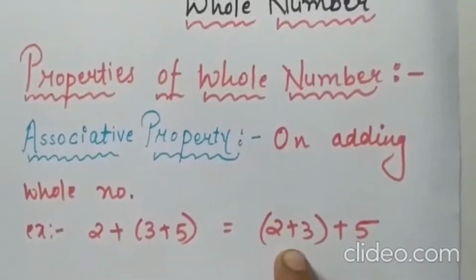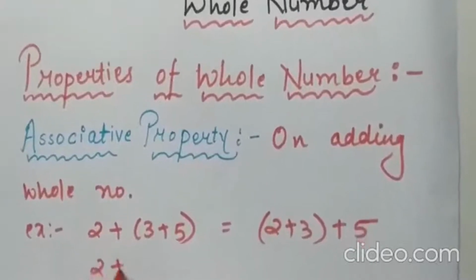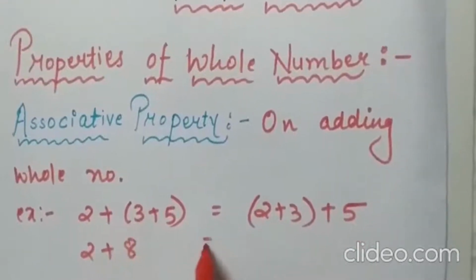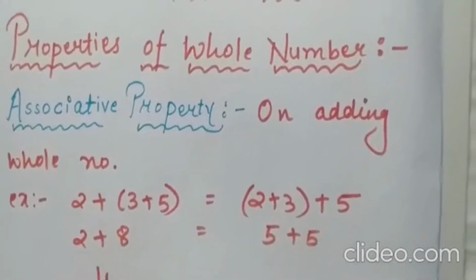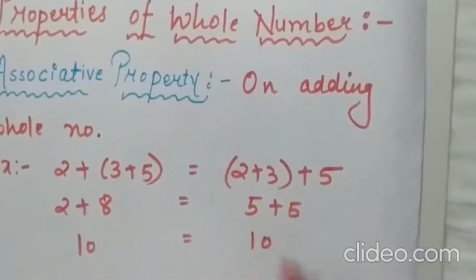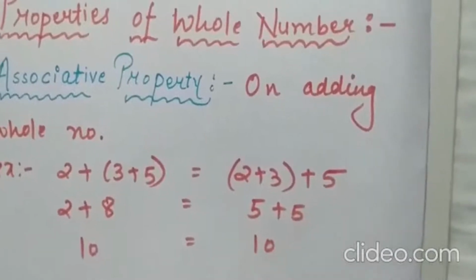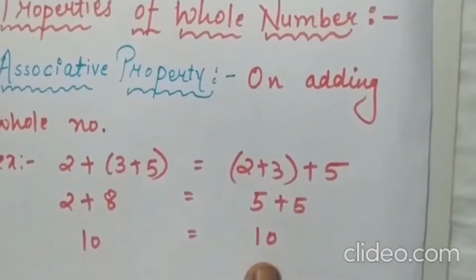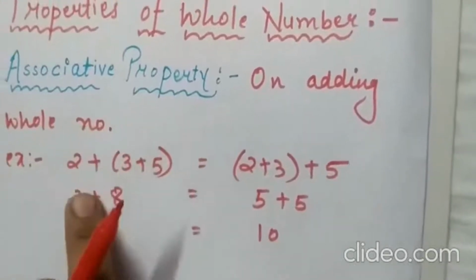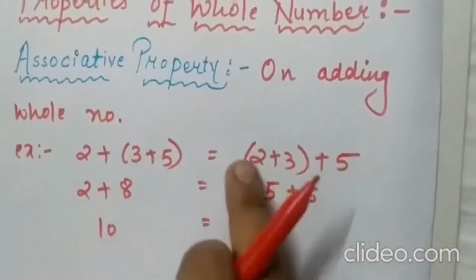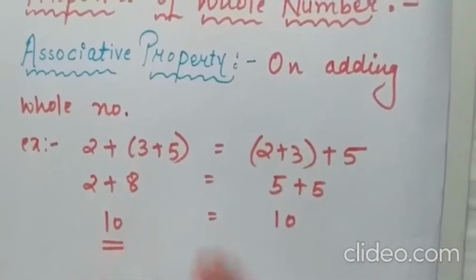Now we'll see the result. 2 plus 3 is 5, plus 5 is 10. Here 3 plus 5 is 8, and 2 plus 8 is 10. In both the sides we got the same answer. That means if we change the grouping of the numbers, then also my answer will not change.